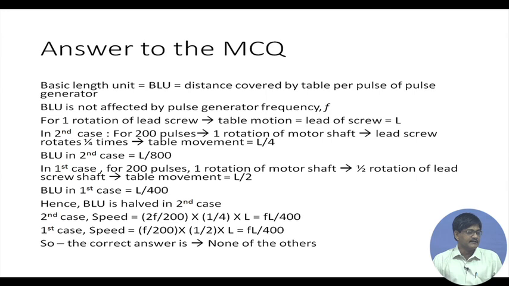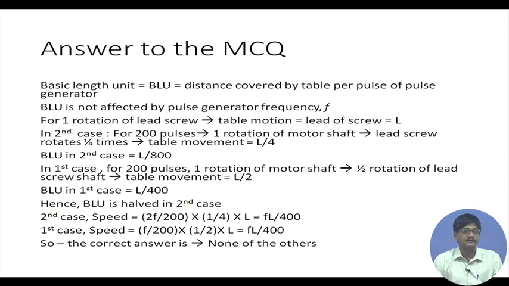in the second case, let us find out the speed. The frequency is twice f, divided by 200 gives us the number of rotations of the stepper motor shaft, multiplied by the gearbox ratio 1/4 gives us the lead screw rotation, multiplied by L gives us the table movement. Therefore, collecting all the terms, we have F L/400.